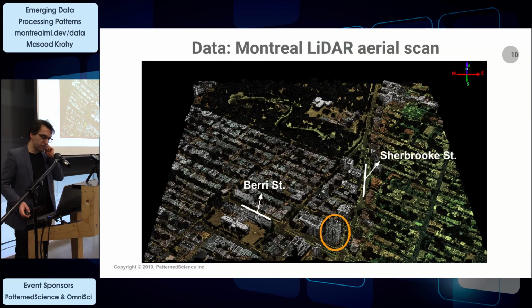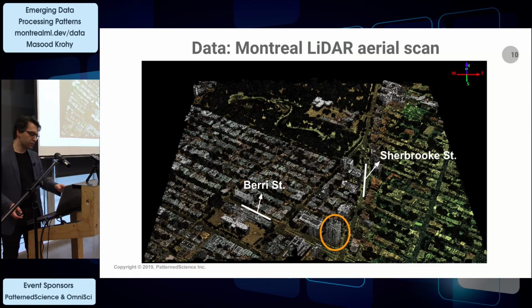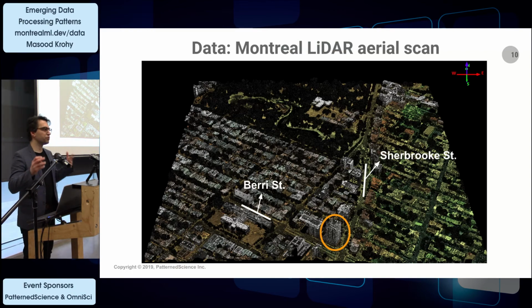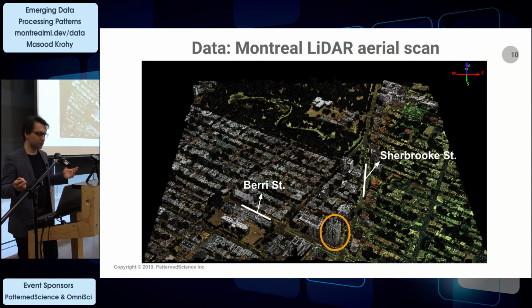That's actually another view, and that's actually not my home. I'm not going to say where, but it's in the vicinity. That's a senior residence high tower there. This is Berri Street, Sherbrooke Street, just so that you get a sense of where this is.